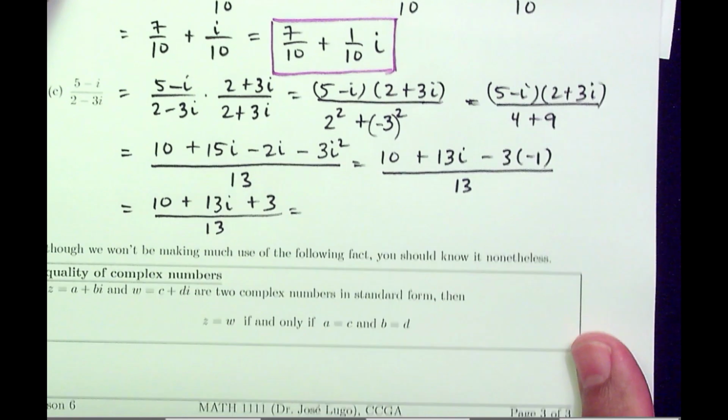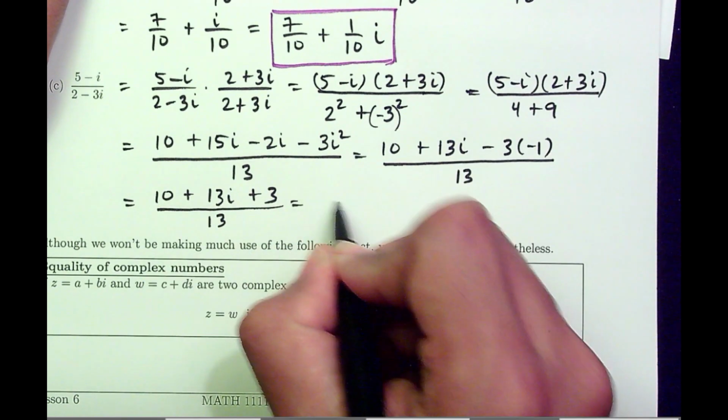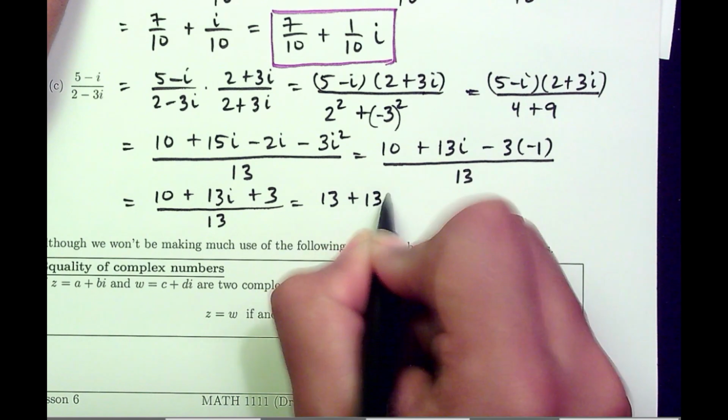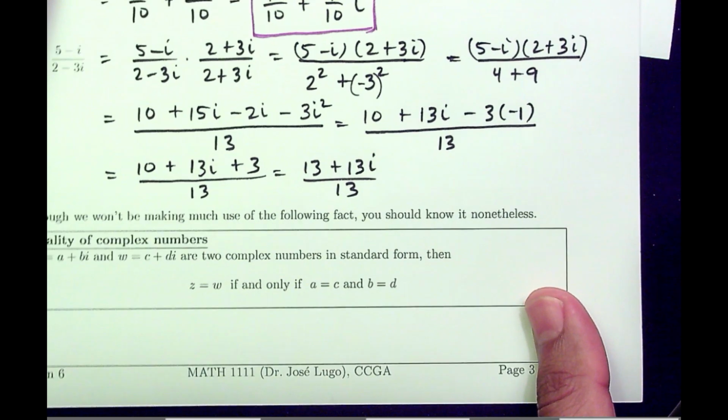Negative 3 times negative 1 is positive 3. Then you can combine the 10 and the 3, and that gives you 13. Okay, and that's not in standard form.